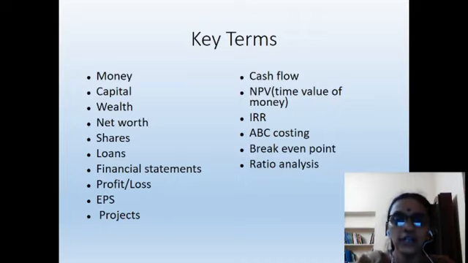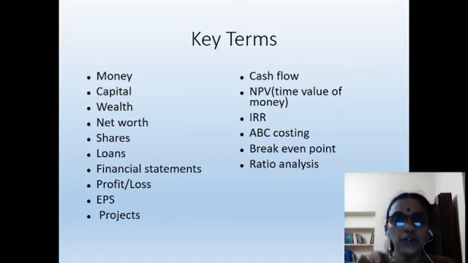Anyone who wants to learn about financial management has to thoroughly understand these key terms and have an idea about what they mean. So, we will have a separate video on the key terms associated with business and finance.